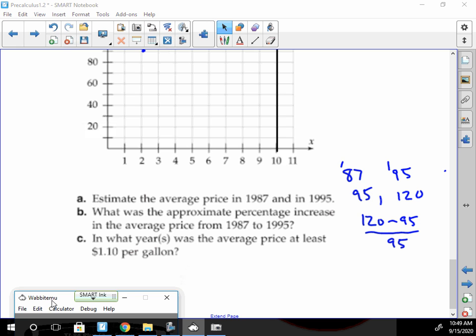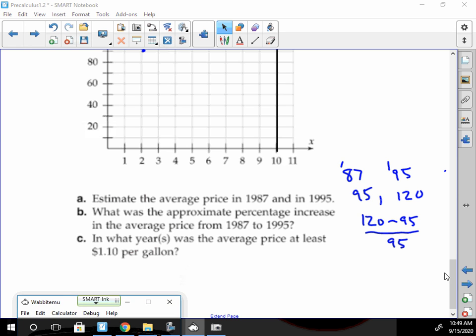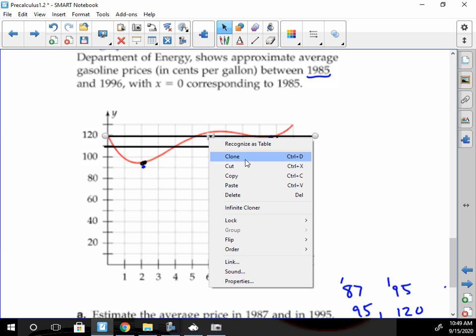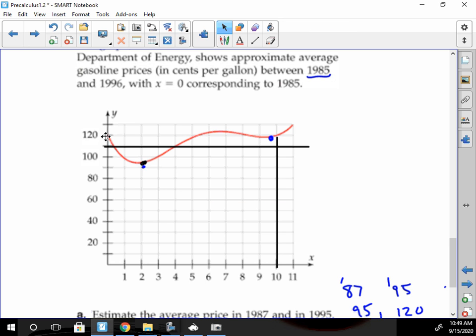In what years was the average price at least $1.10 per gallon? So we need it above 110. Get rid of this line so we can see exactly where it is. In 1985, the beginning year, it was above 110.